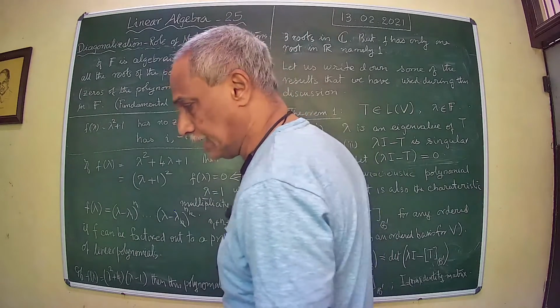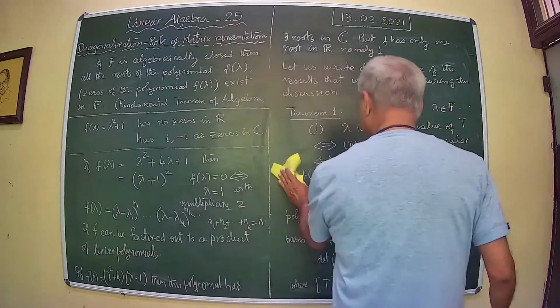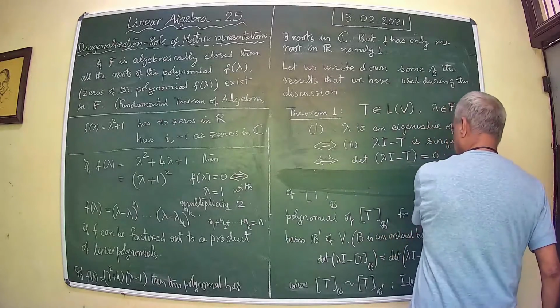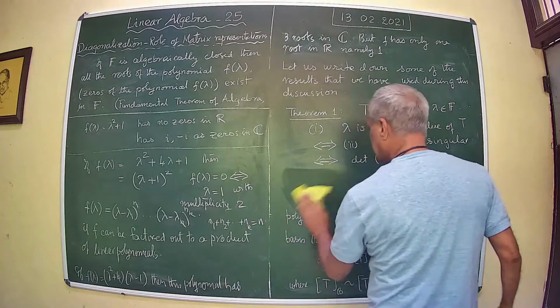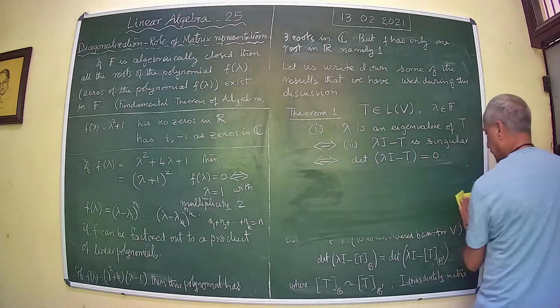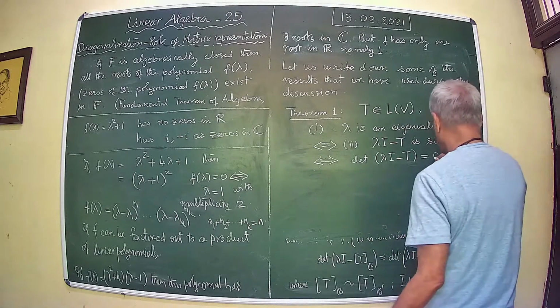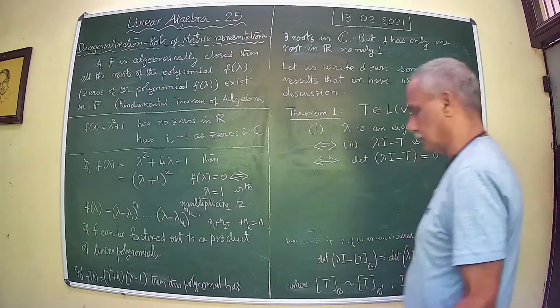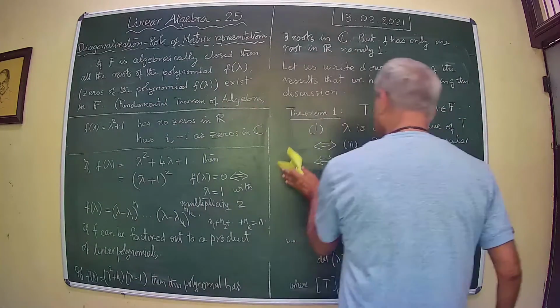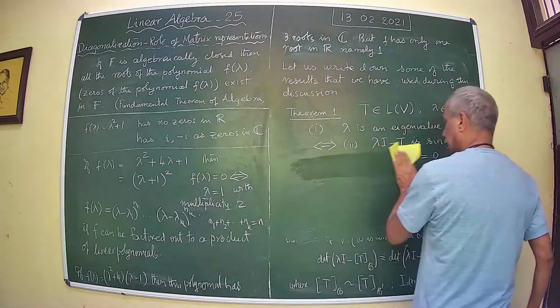I should give a definition before that, because here you see in this statement that the determinant of lambda I minus T has appeared. But do you know what exactly it means? Okay, so let me define it.